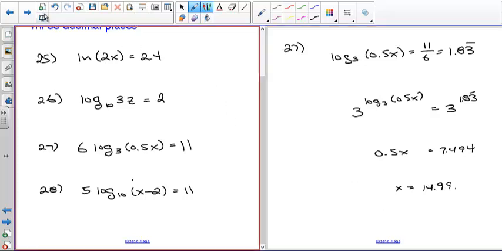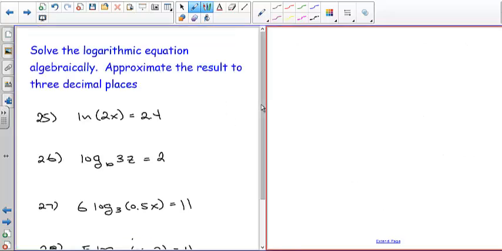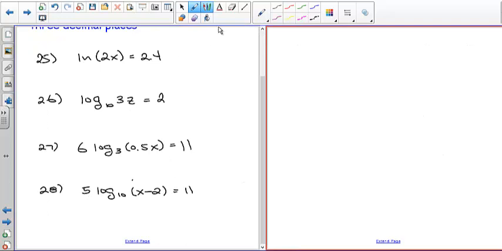And then 28, same kind of deal. It's log base 10, so the exponential we use is 10 raised to some power. But first, we've got to solve for log base 10. So we need to divide both sides by 5. So 11 divided by 5 is 2.2.